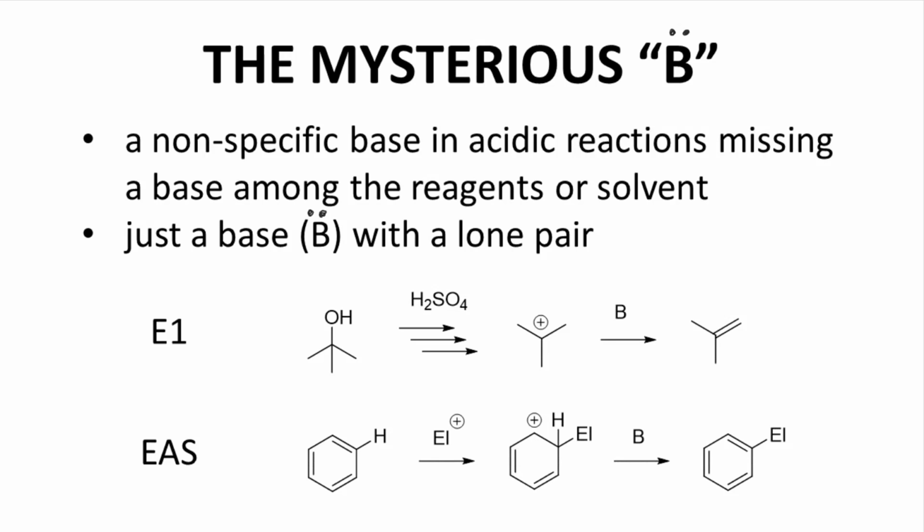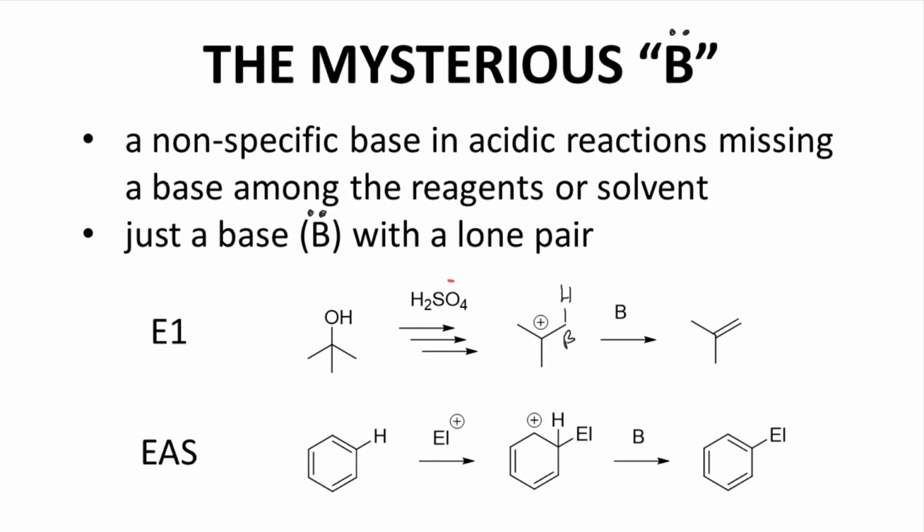What are these reactions? Two are shown. The E1 reaction of an alcohol ultimately gives a carbocation, and the last step is loss of a beta hydrogen to form an alkene. What is the base that removes this proton?